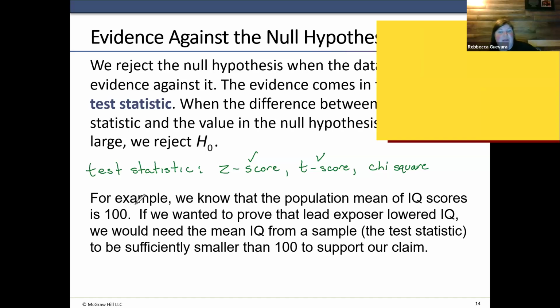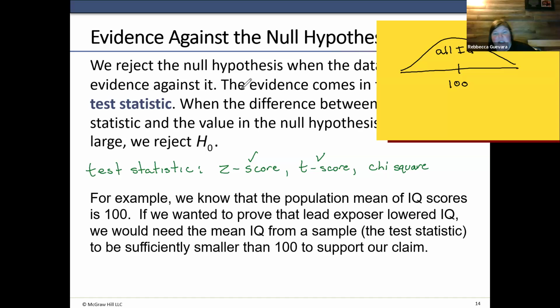For example, we know the population mean of IQ scores is 100. So we know that this is what the population of all IQ scores looks like. We look at everybody, this is what we see. If we want to prove that lead exposure lowers IQ, we would need the mean from the sample, the test statistic, to be sufficiently smaller than 100 to support the claim.